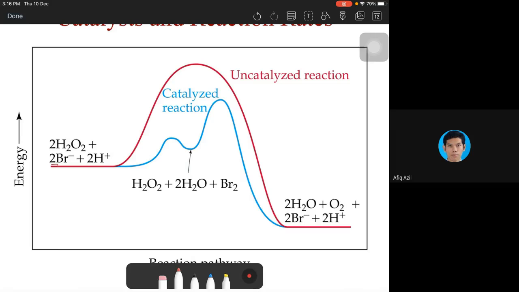So you have two mini peaks over one big hill. The first corresponds to the formation of this intermediate. Once the intermediate is formed, it follows with another Ea to form the intended product. But if you do not add any catalyst, it will go straight to form the product, but it will be very slow because the Ea value is very high. The Ea value will be this one.